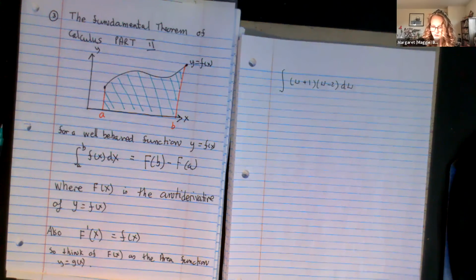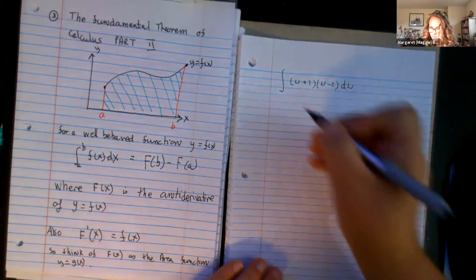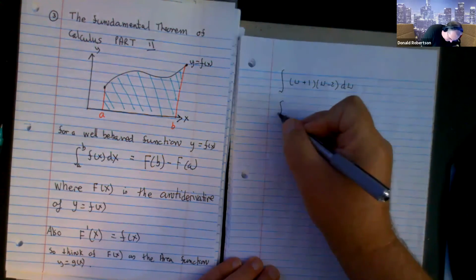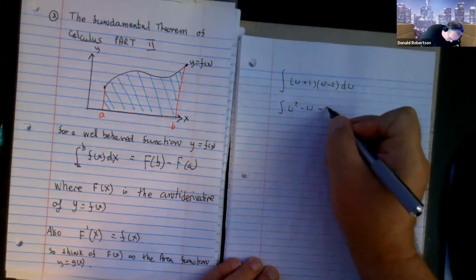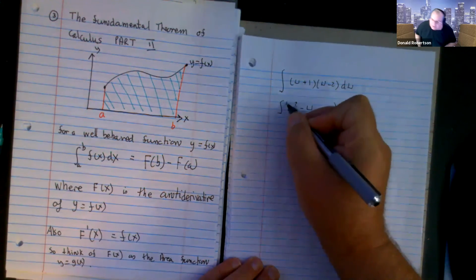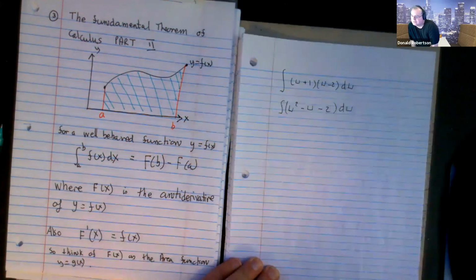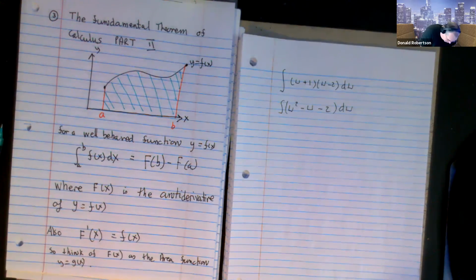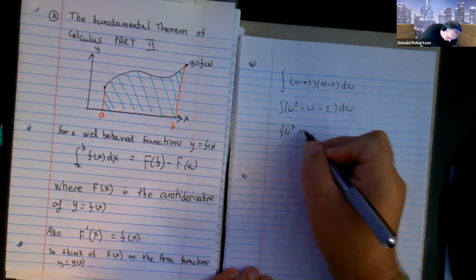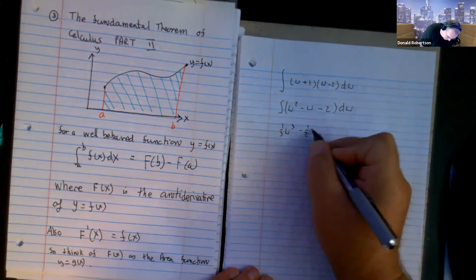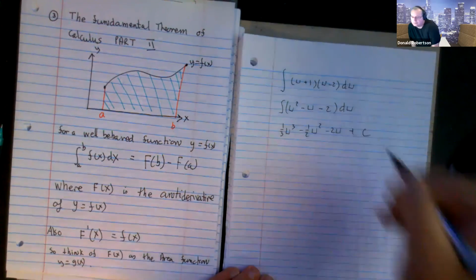I'm just going to FOIL it. To save time and money, will you agree with me that's what it eventually becomes? Now I can do the power rule. Slap a C at the end and call it good.